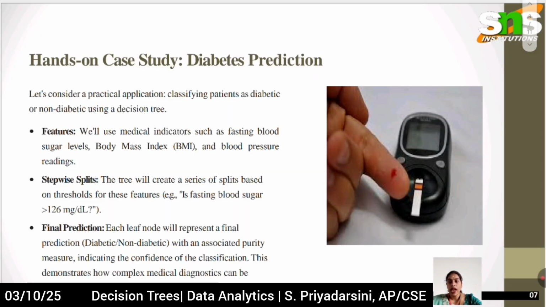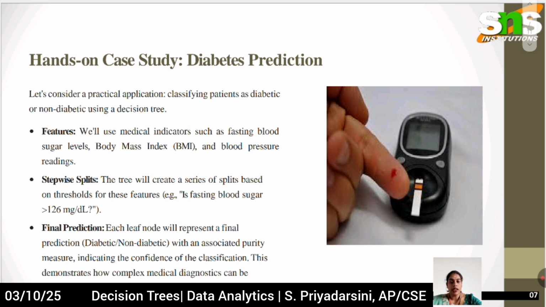Next, we have a case study. Now let's look at a practical case study, predicting diabetes using a decision tree. We use features such as fasting blood sugar level, BMI and blood pressure. The tree might first ask, is fasting blood sugar greater than 126 mg per dL? If yes, it moves one way.